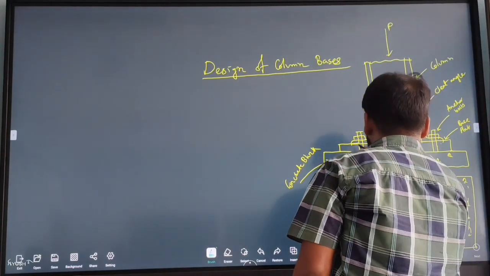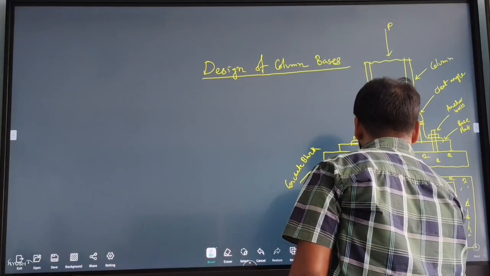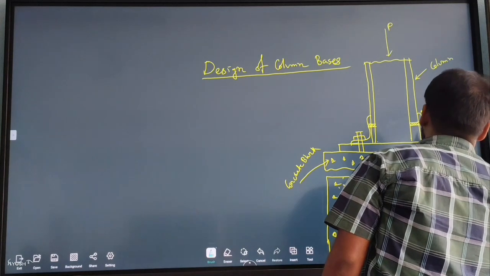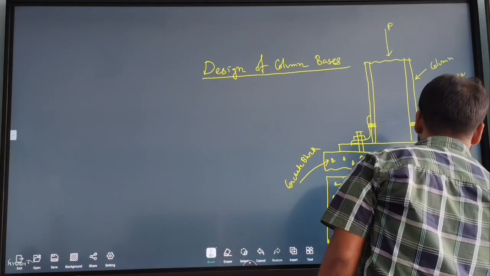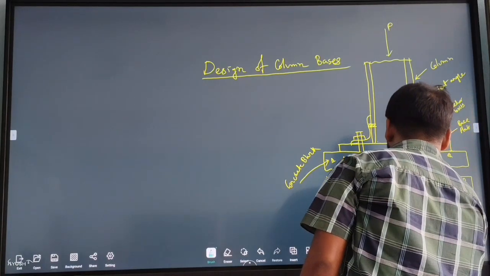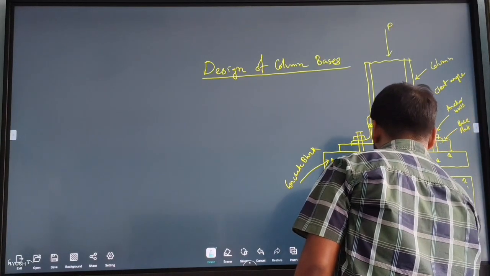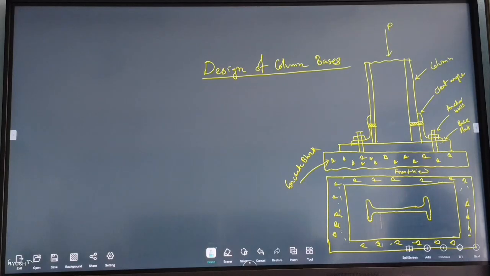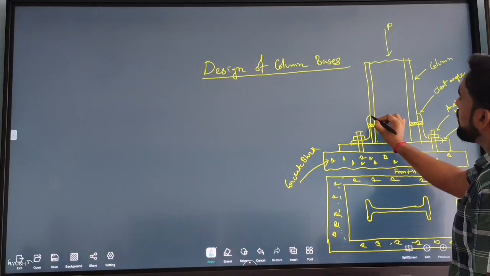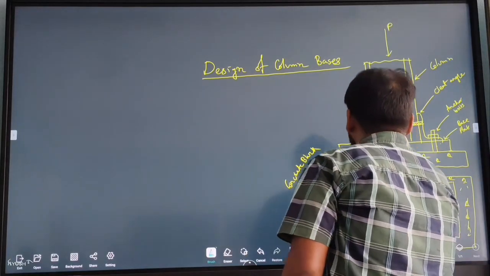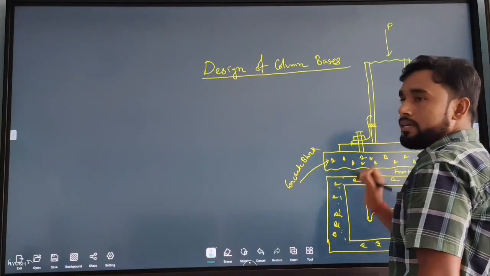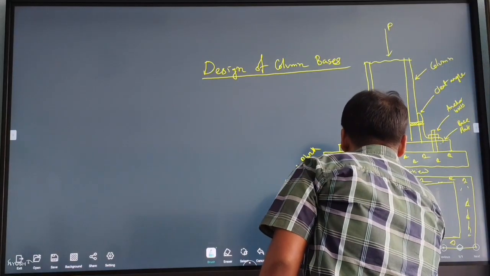Let's draw the I section. Then there will be a cleat angle, with a shorter leg and a longer leg. So it will look like this.